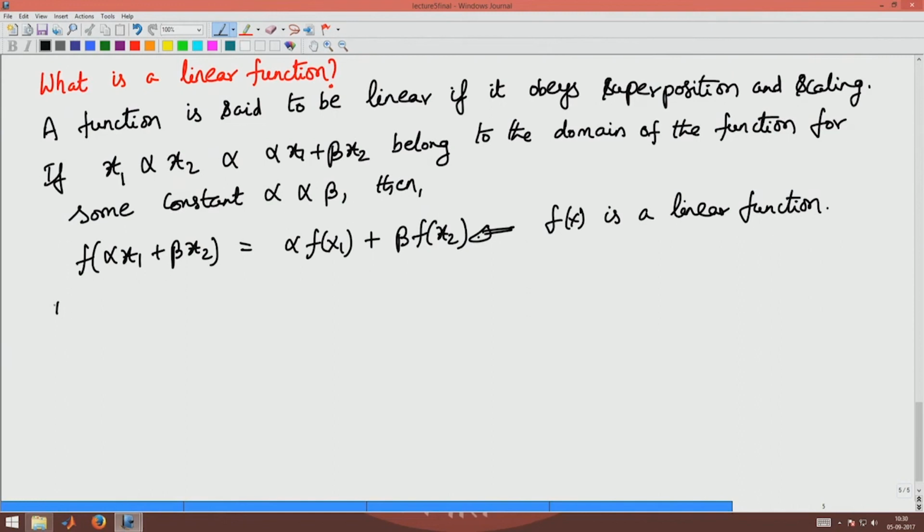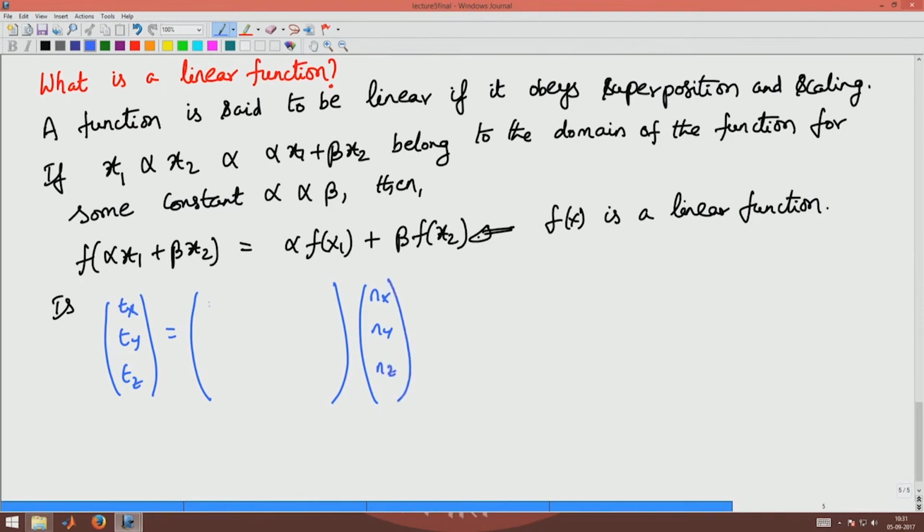That is, Tx, Ty, Tz, the components of the traction along x, y and z, can be written as the matrix A11, A12, A13, A21, A22, A23, A31, A32, A33 times Nx, Ny, Nz. Is this a linear function?